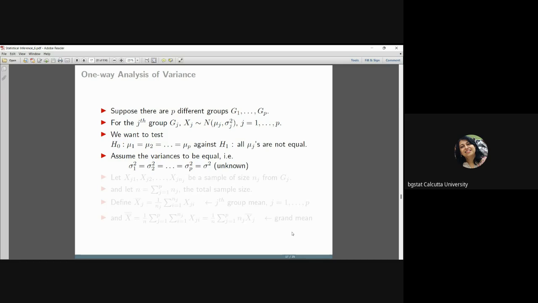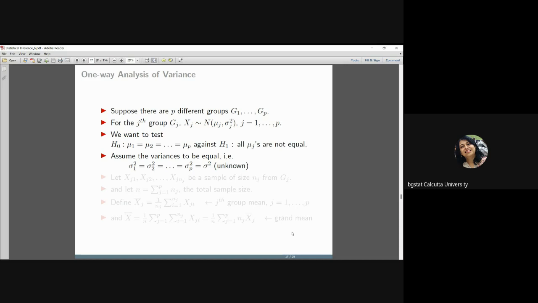Now you have seen that when you do a two-sample t-test, we have to make the strong assumption that both the samples have the same population variance. So similarly here, I have to make the equivalent assumption. I have to assume that all the P populations have the same variance. So let me assume that sigma 1 square is equal to sigma 2 square is equal to sigma 3 square is equal to sigma P square, and that this common value is given by sigma square.